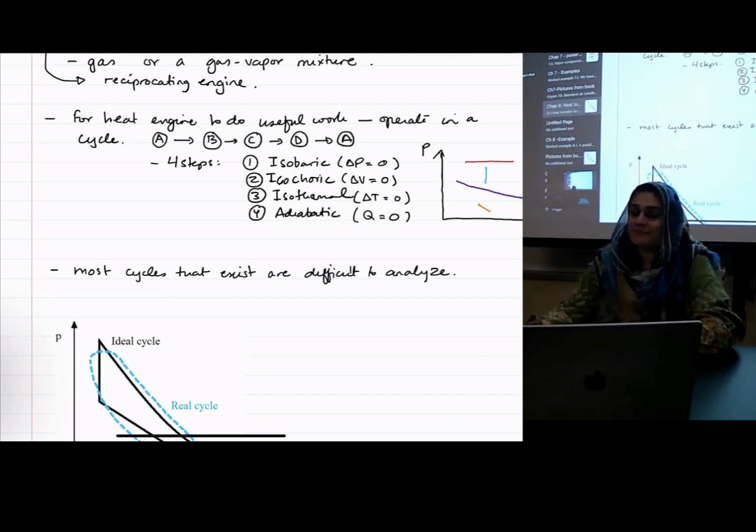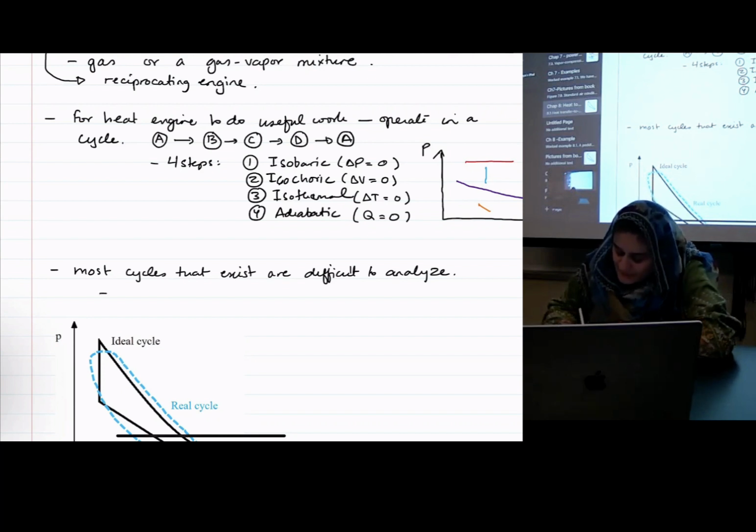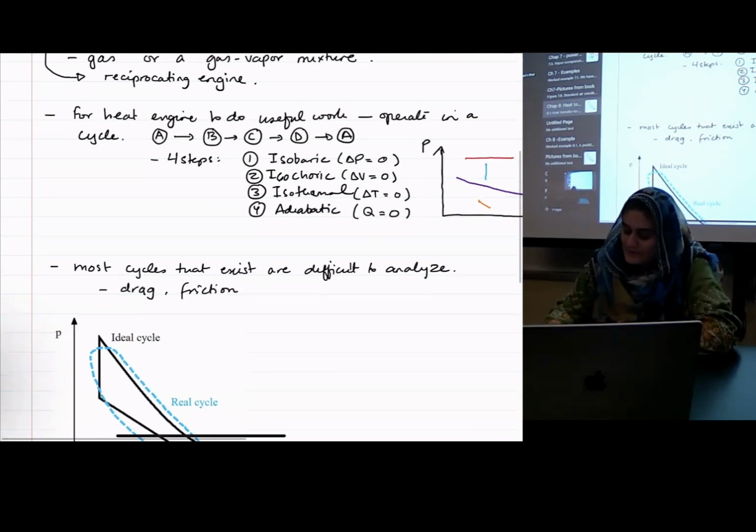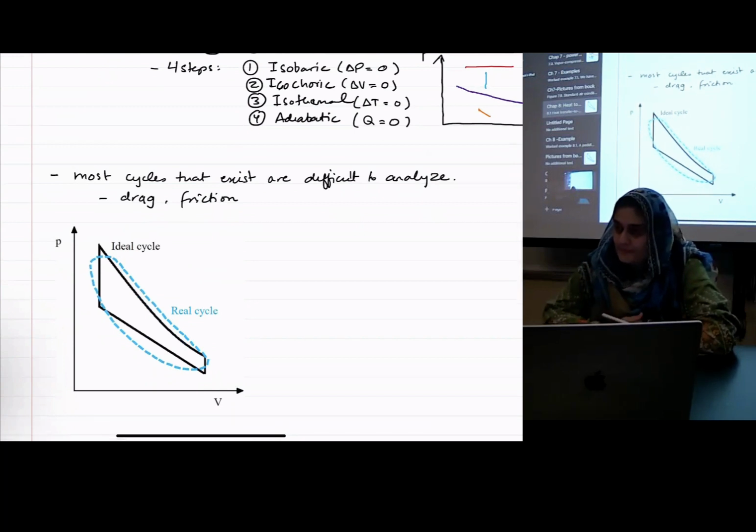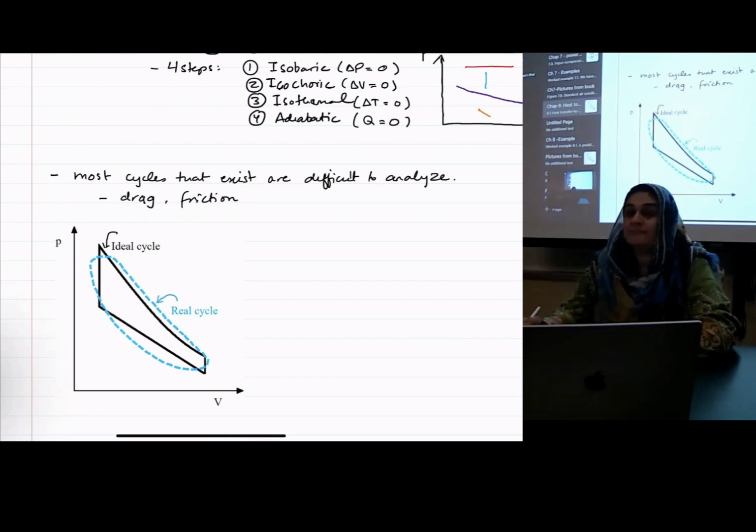And why are they difficult to analyze? Because there is no such thing as ideal. We cannot get rid of drag. We cannot get rid of friction. So any cycle that you see will look like this. So the ideal cycle is given in black. The real cycle is given in blue.